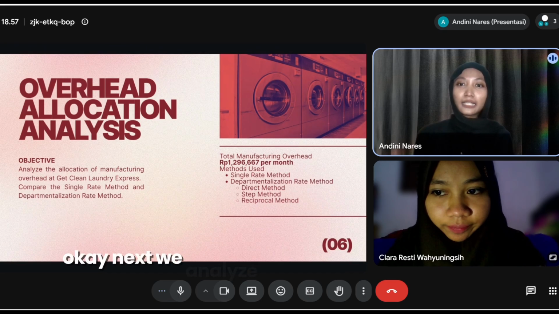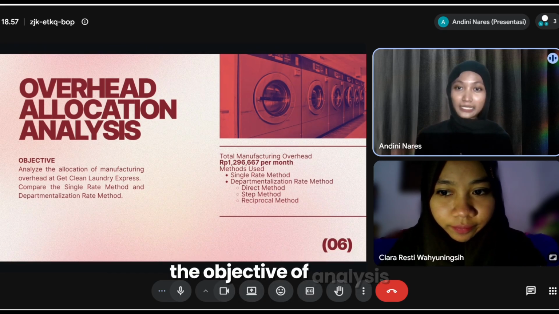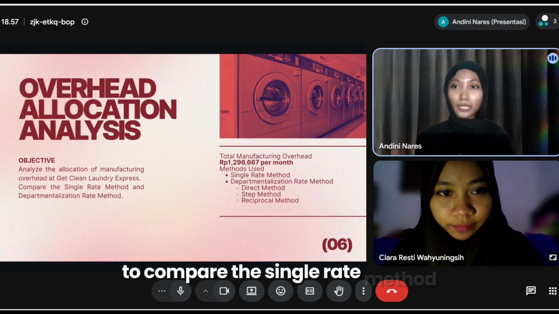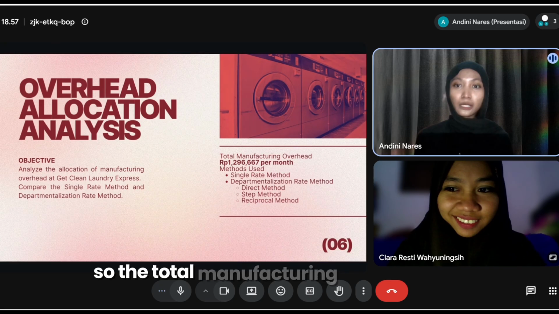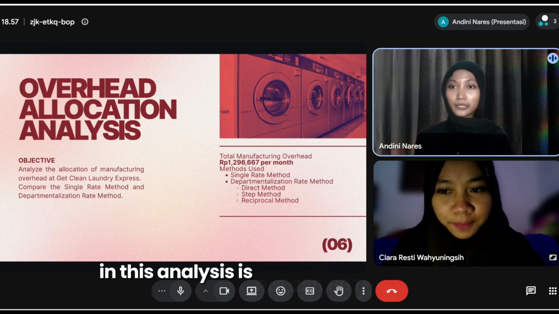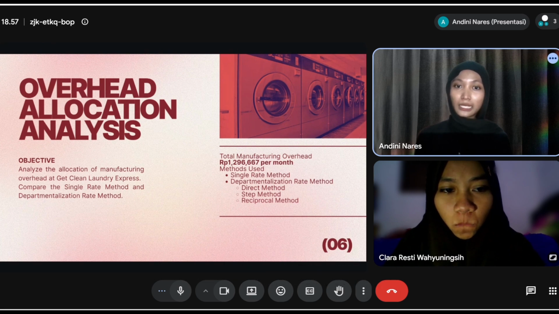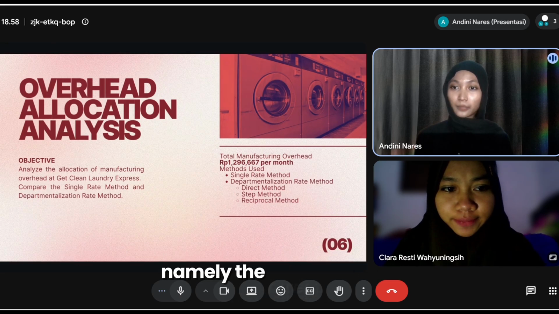Okay, next we analyze manufacturing overhead allocation. The objective of the analysis is to compare the single rate method and the departmentalization rate method. So the total manufacturing overhead used in this analysis is 1,296,997 rupiah per month, and several allocation approaches are introduced, namely the direct method, step method, and reciprocal method.